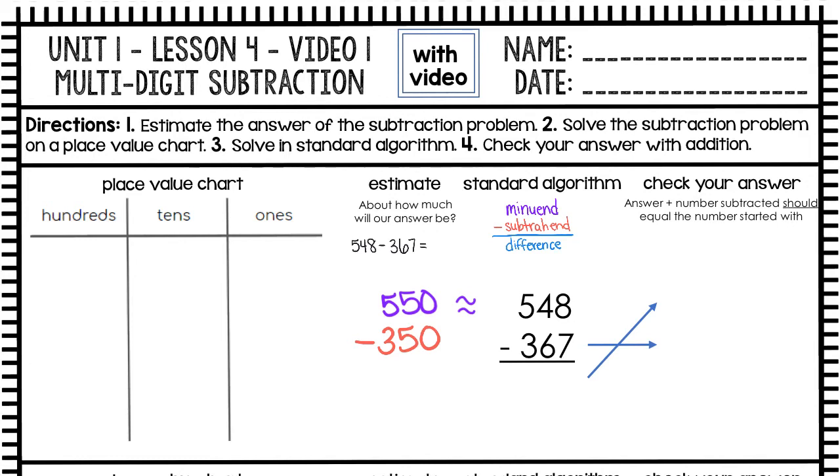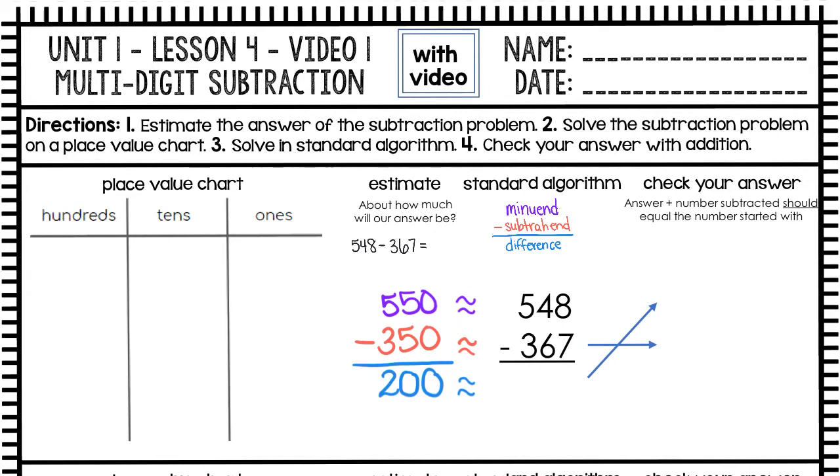Now we're going to solve it. 550 minus 350. Well, 0 minus 0 is 0. 5 minus 5 is 0. And 5 minus 3 is 2. So our answer should be around 200. The reason that we're estimating first is because we know this is about equal to that, and our answer should be about equal to 200.